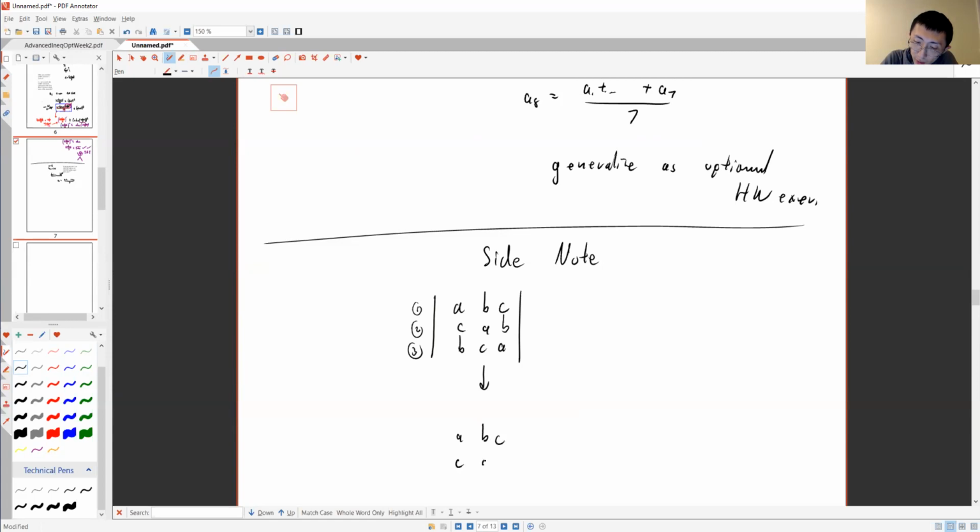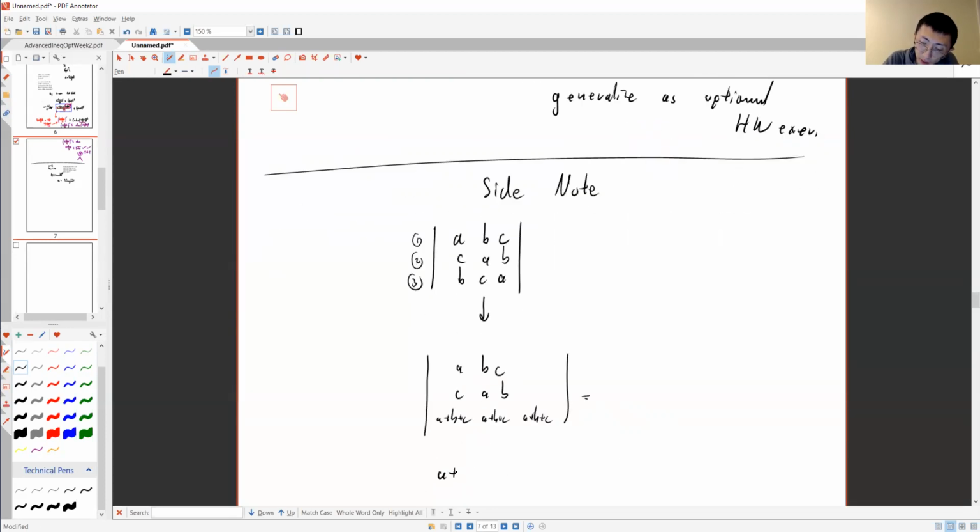So this will be the determinant. And if you don't know determinants, it's fine. But basically, this is the same as the determinant of this matrix. And you can factor out the ABC. So I can factor this out and it becomes the determinant of this matrix, 1, 1, 1.